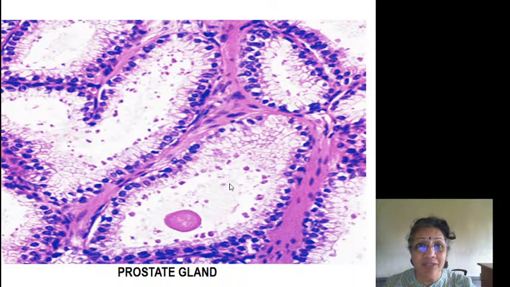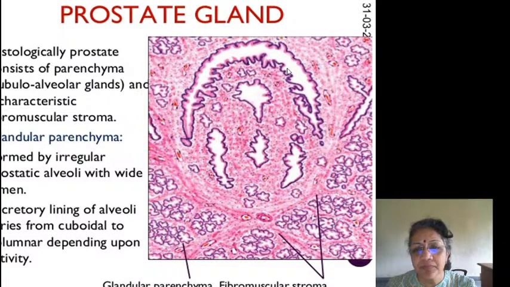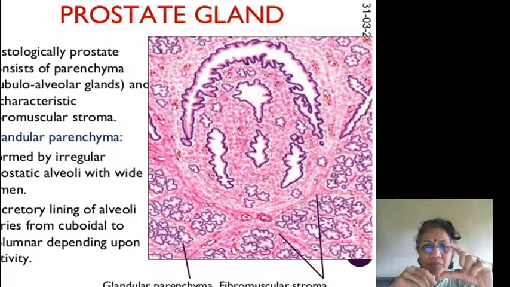They are not spermatozoa. They won't be seen within the glandular parenchyma. Please remember, spermatozoa may be seen inside the prostatic urethra, because that is where the ejaculatory duct is entering. But that too, only if you take a section beyond the opening of the ejaculatory duct, not before. There is a length to the prostatic urethra.